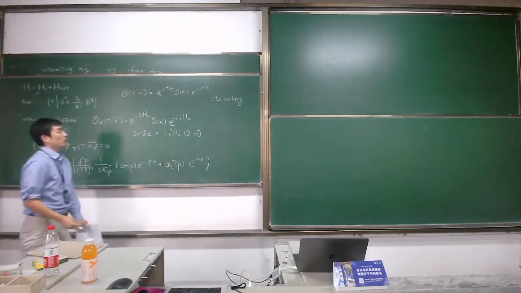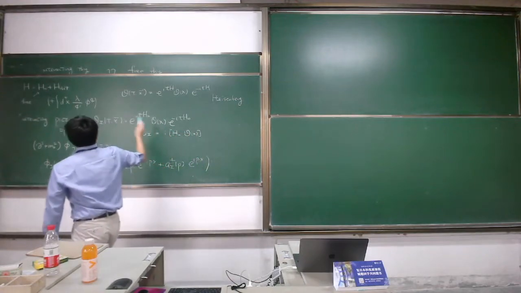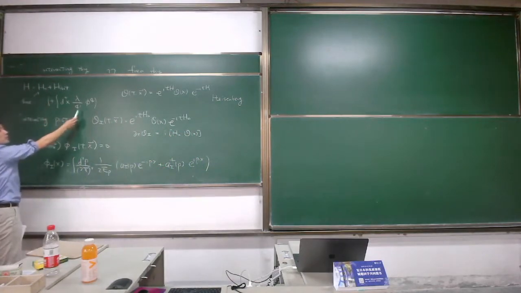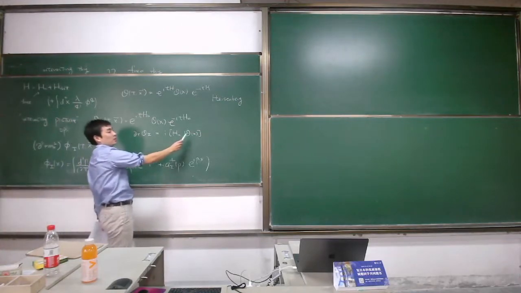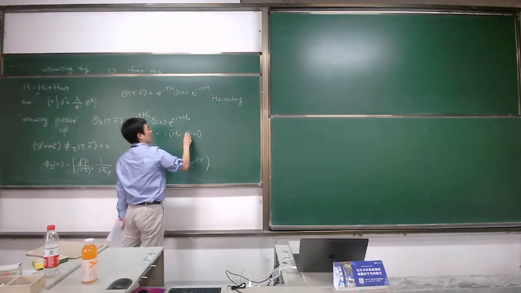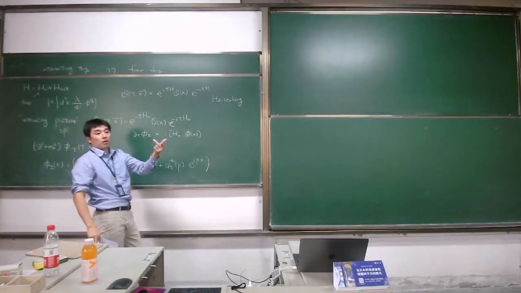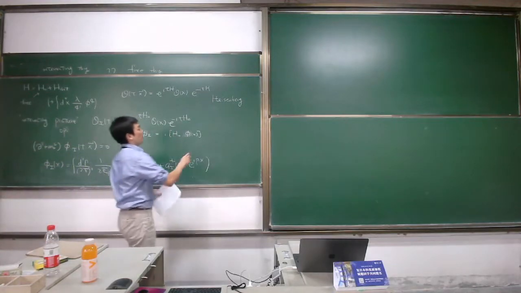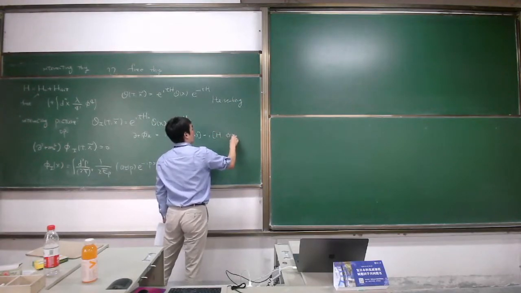Since H0 and H differ only by the phi to the fourth term, and the phi to the fourth term and the phi term commute, we know already that this is the same as i [H, phi of x].